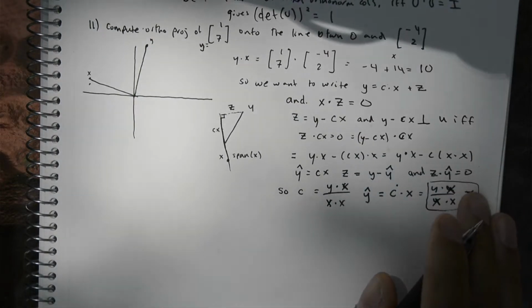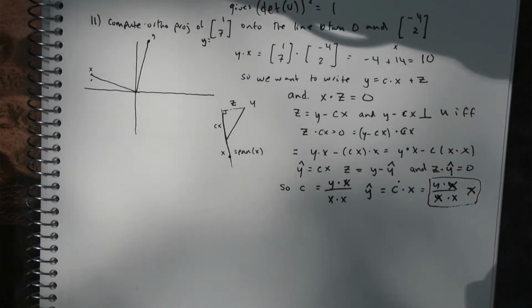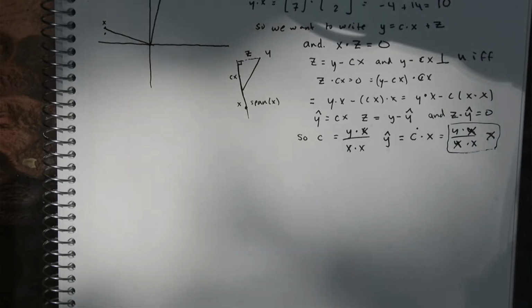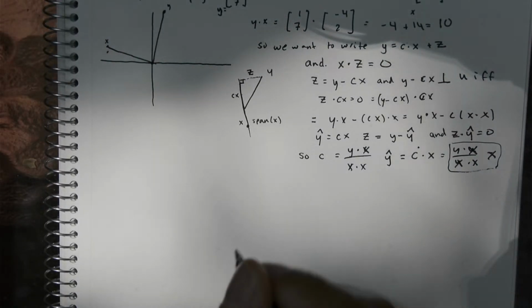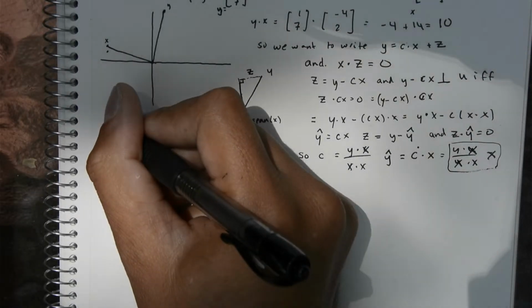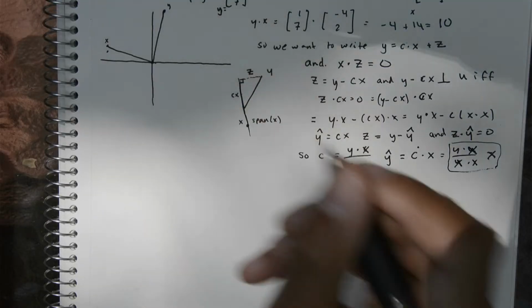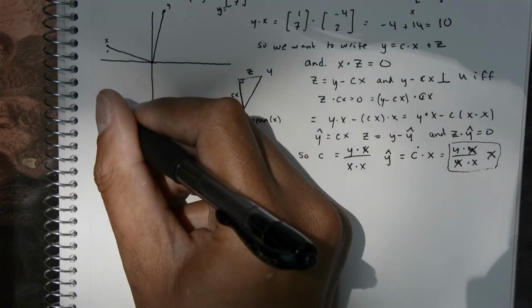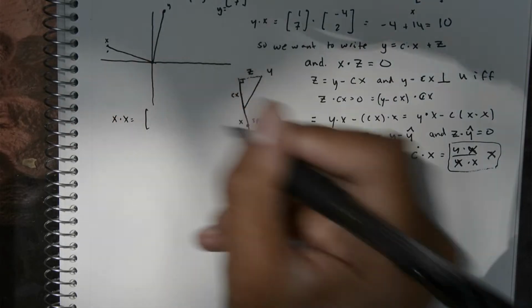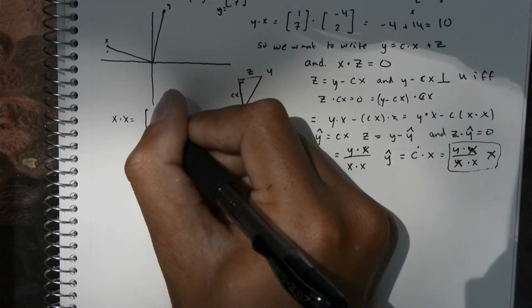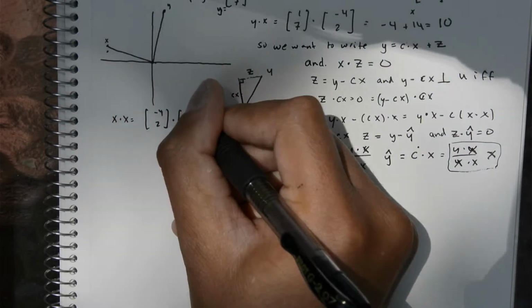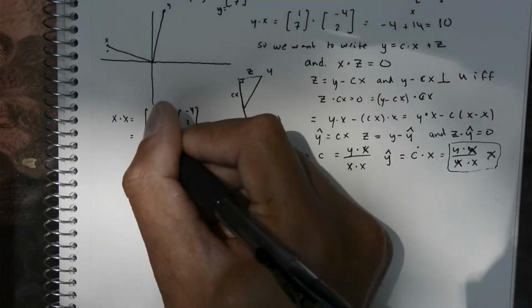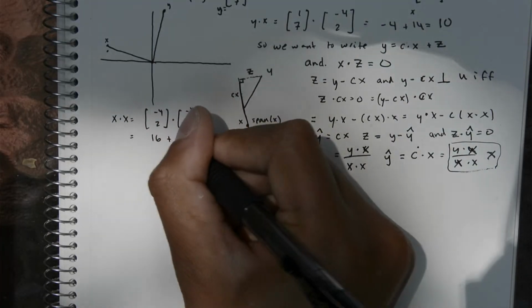Okay, so now we just need to do all of that. So we just compute, y dot x is going to be 10, and x dot x is equal to (minus 4, 2) dot (minus 4, 2), which is 16 plus 4 equal to 20.